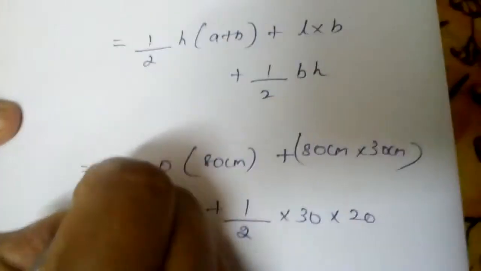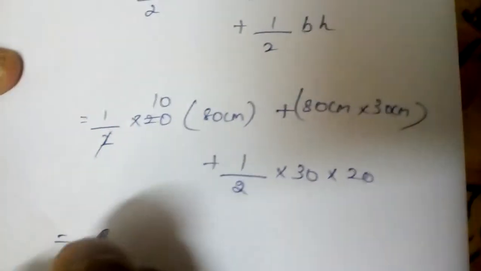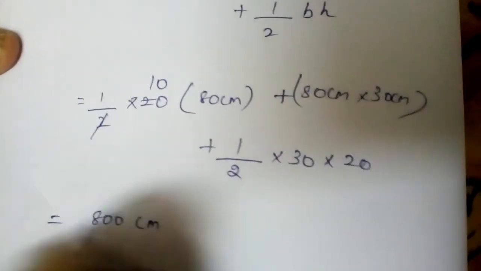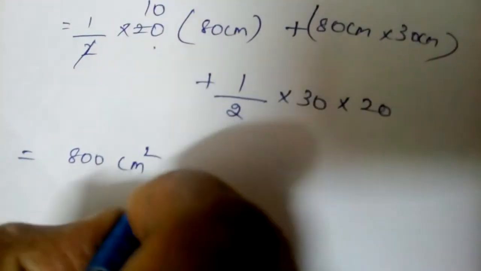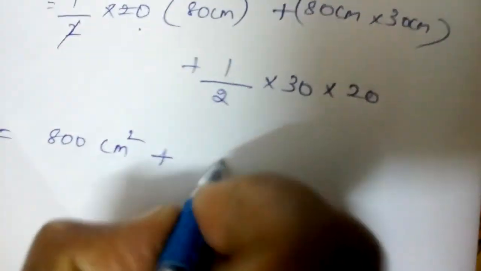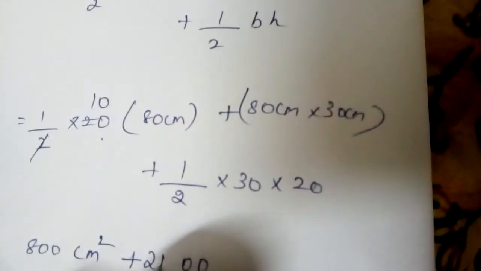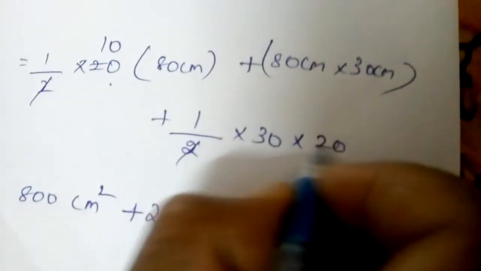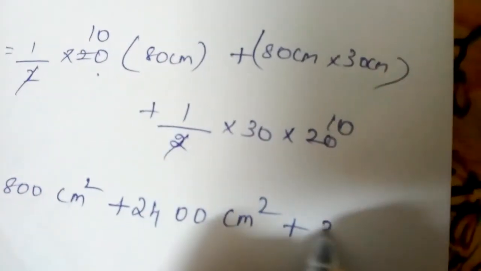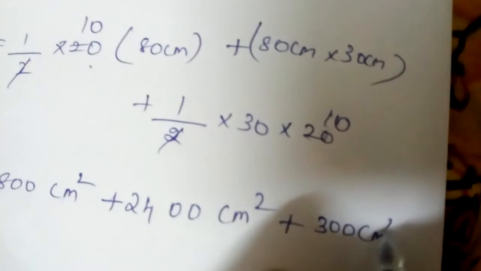So now I am going to solve this. 2 tens are 20, so it is 800 centimeter square. Plus here, if I multiply, 2400 centimeter square, plus 10 times 30, so 300 centimeter square.